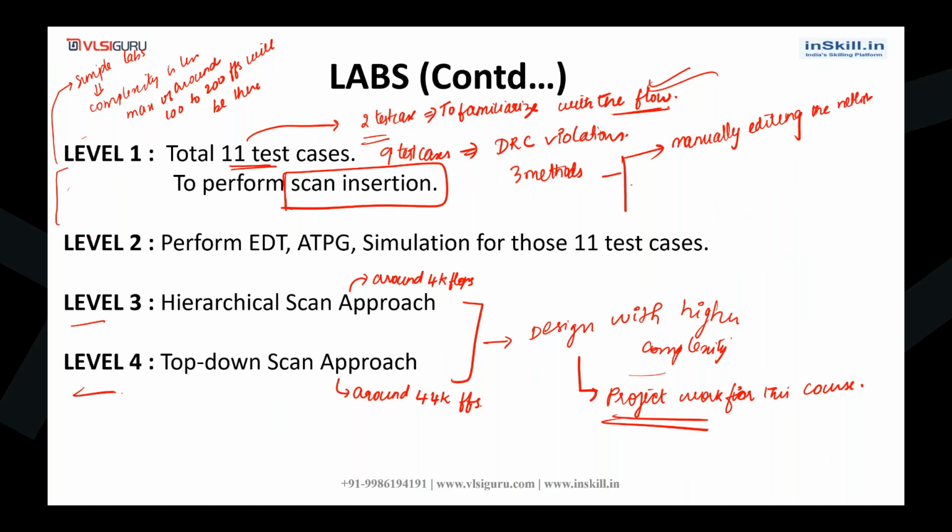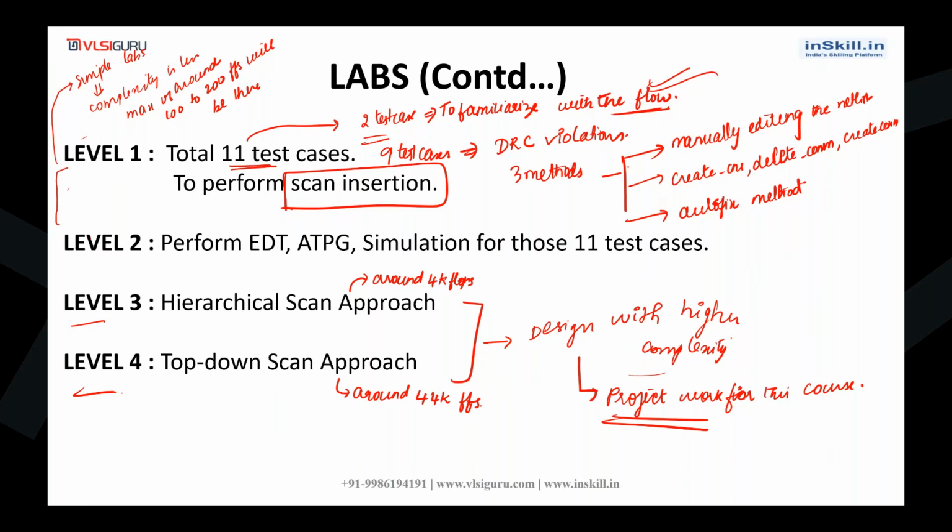Or else you can use the create instance, delete connection, create connection set of commands. Or else you can go for the auto fix method. So you have these three methods of fixing the DRCs while working with Tessent tools.